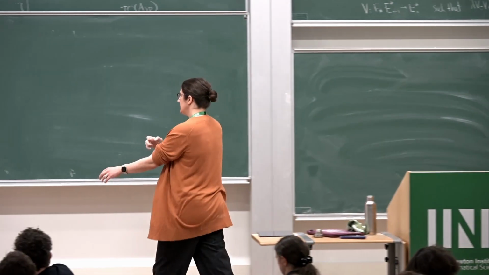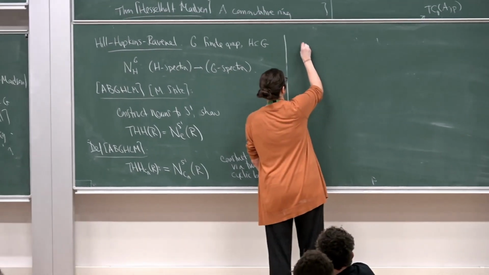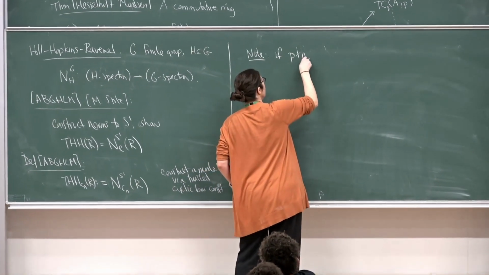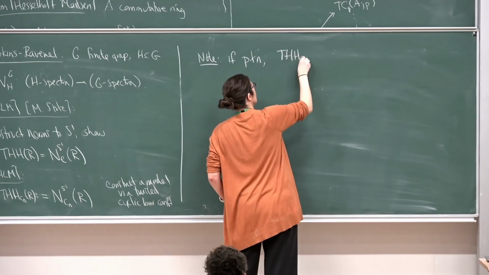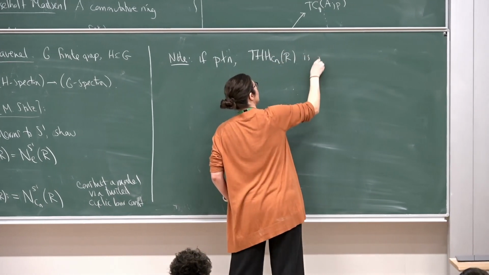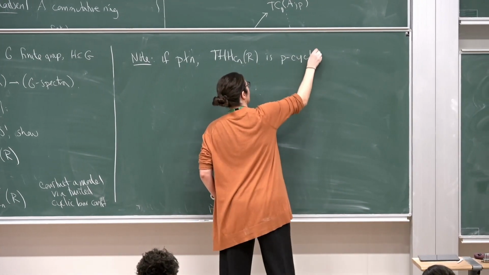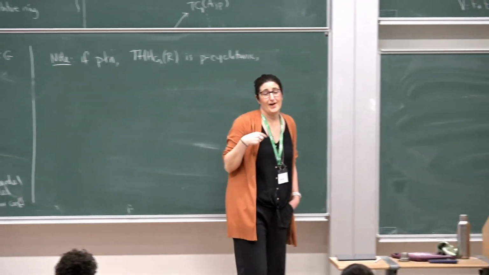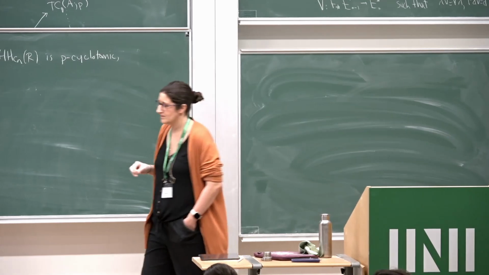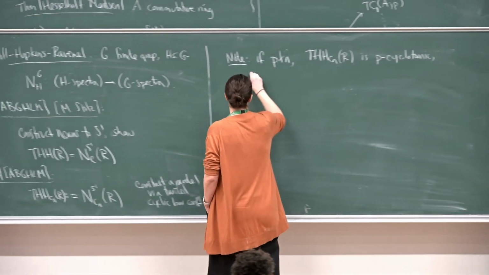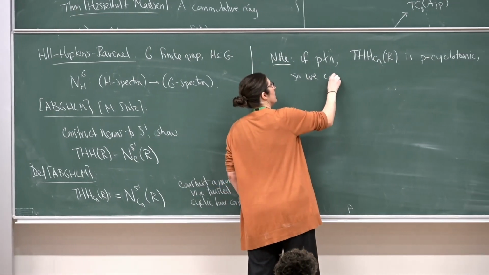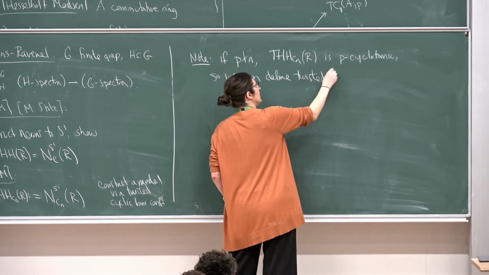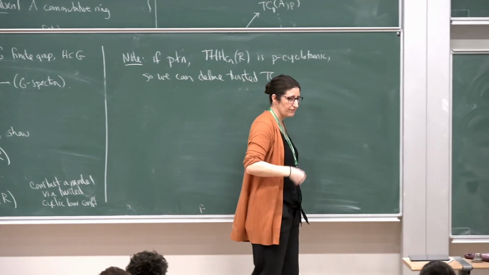One note is that we also show in that same work that if p doesn't divide n, twisted THH is p-cyclotomic. I haven't really told you what that means, but what was the point of cyclotomic? It was that you could define topological cyclic homology. So the takeaway is that we can define twisted TC as well, defined in that same work.